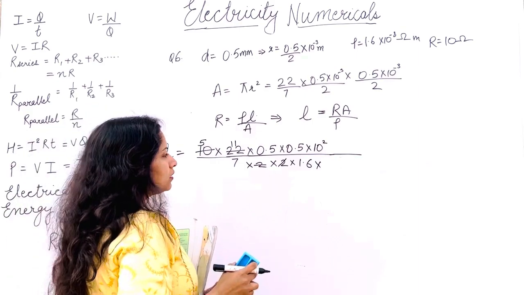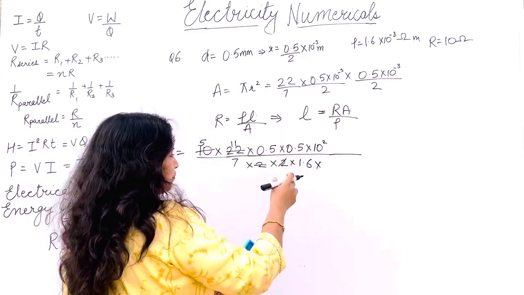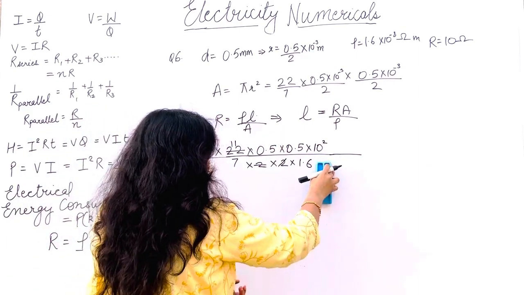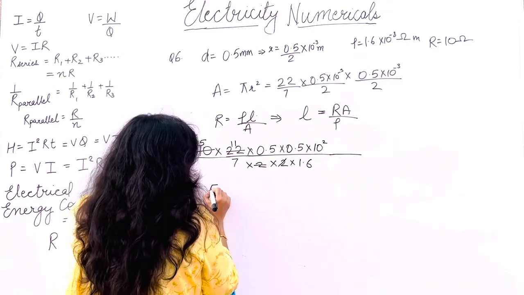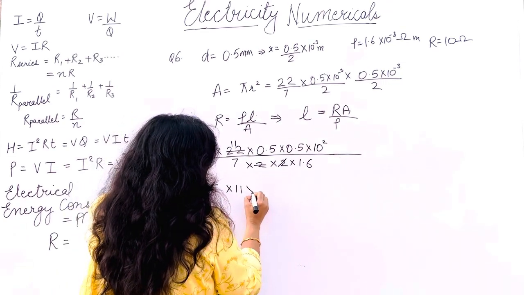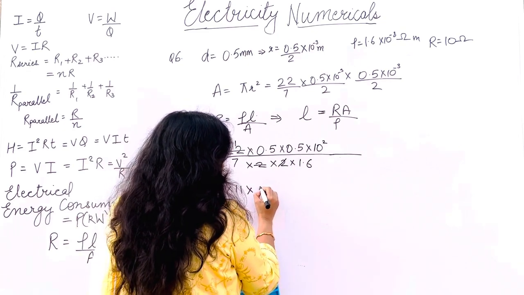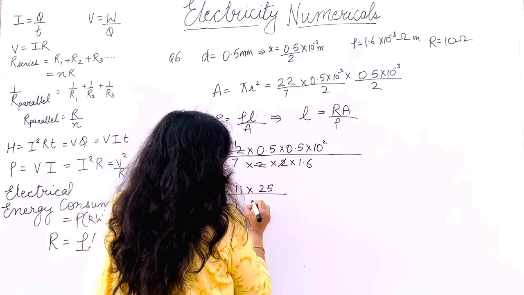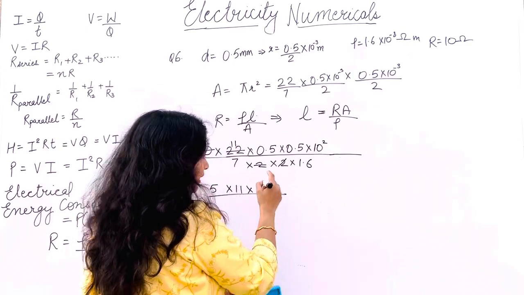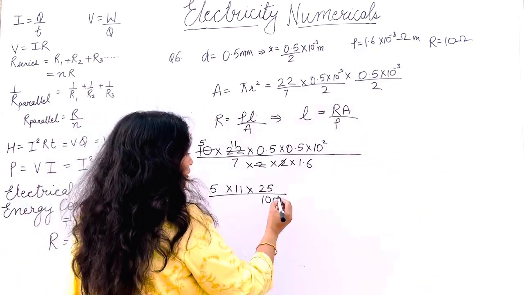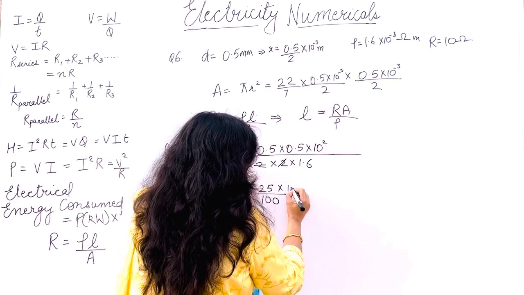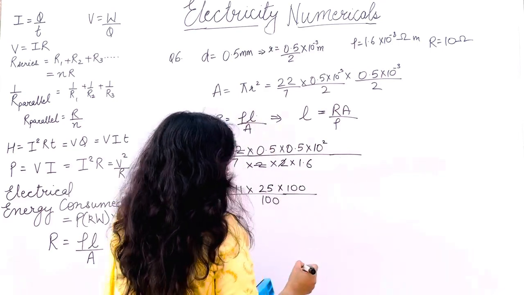Okay. Now let's solve it out a bit more. Here the multiplication sign could be removed. So we get 5 into 11 into 0.5 multiplied by 0.5 is 25 upon 100. Can we write it like that, removing the decimal? Into 10 to the power 2 can be written again as 100.